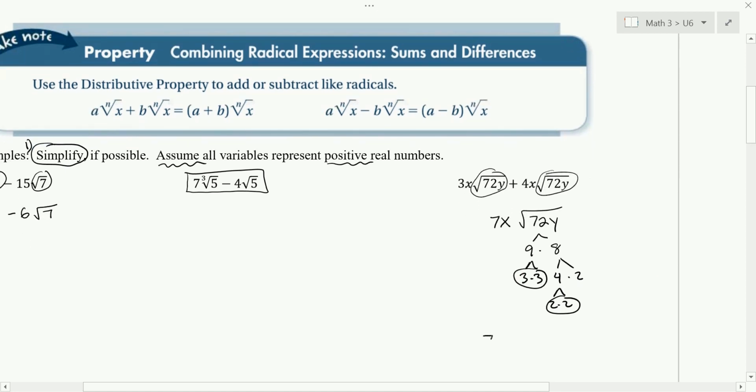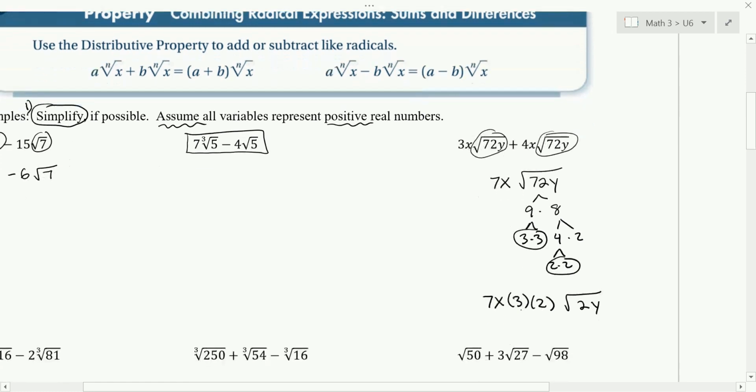So we already have a 7x out front. The square root of 3 times 3 is 3. Square root of 2 times 2 is 2. And we're left with the remaining 2 underneath the square root sign. And we still have the y underneath that square root sign.